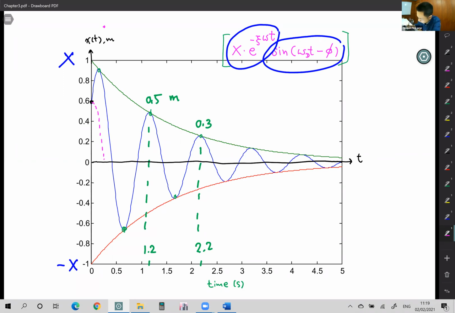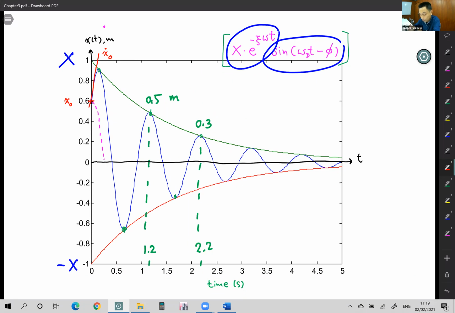So this indicates that the building has the initial velocity, the slope. The slope of this curve showing this. You have the x dot 0, and at the same time, you have x 0.